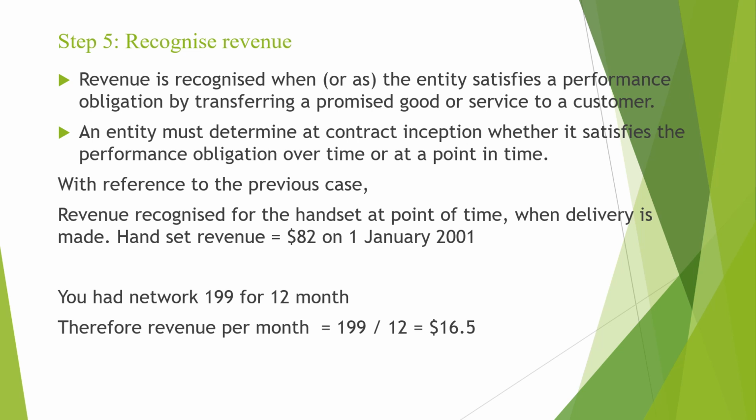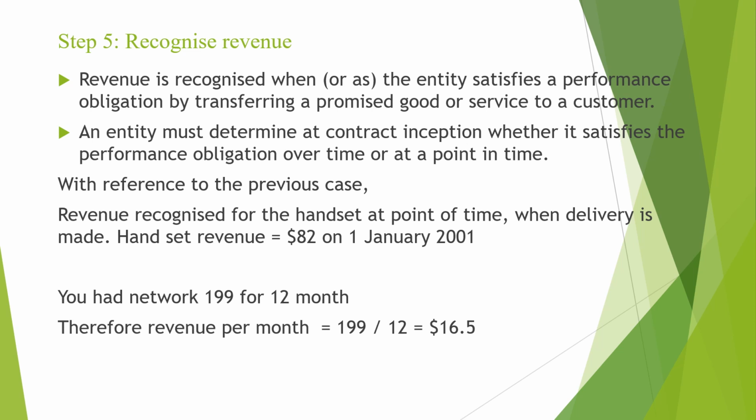Okay. But the network is provided for 12 months. So per month, the revenue recognition would be $16.5, right? So go back to the previous calculations. You will see that the network revenue for 1 year was $199. Therefore, per month, it would be 16.5.